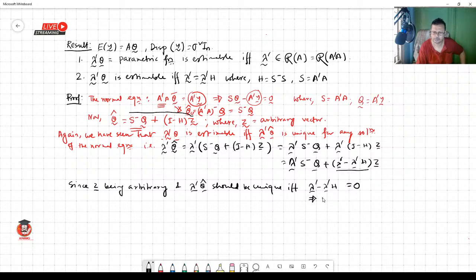So this means this is a proof of the second part. The first part you know this thing. We already proved this part. First part, okay. Please tell me, have you any doubt?